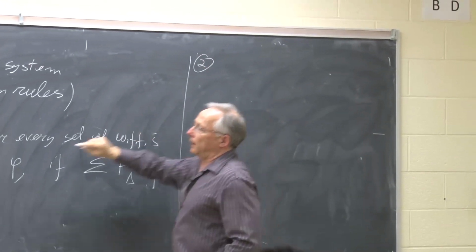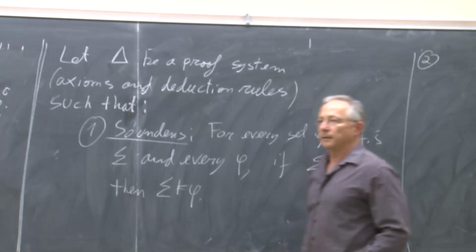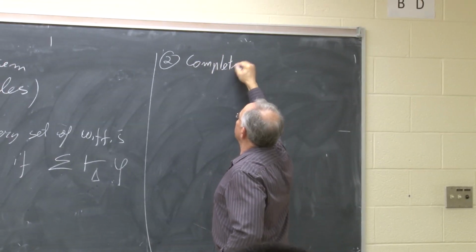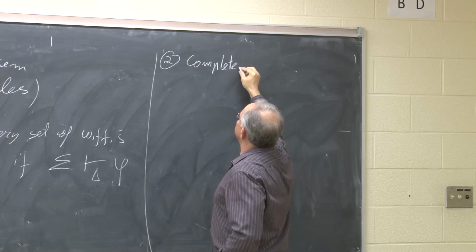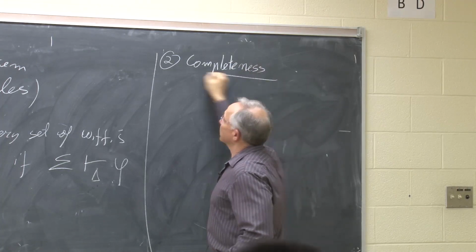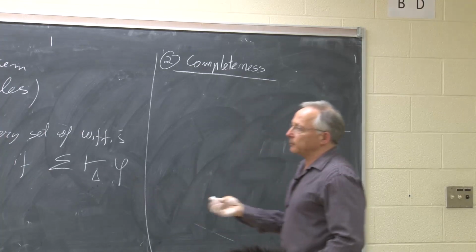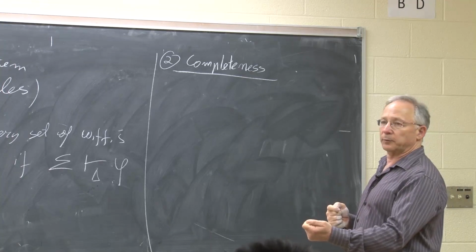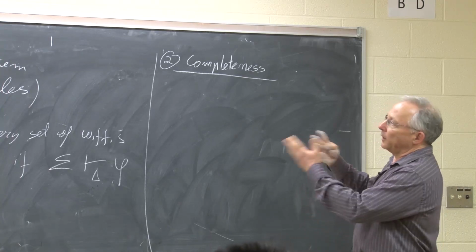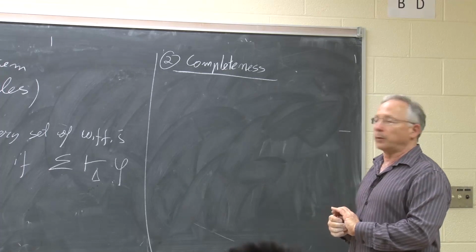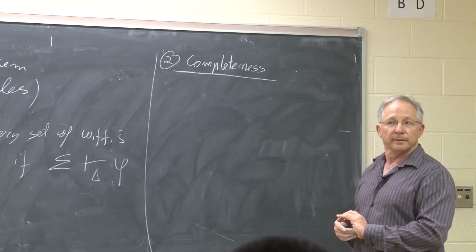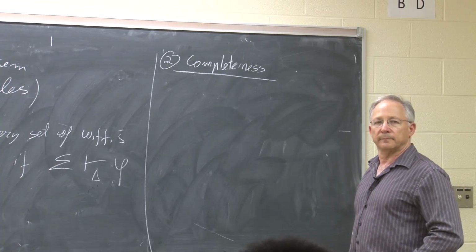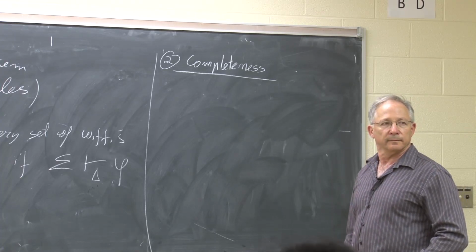Requirement 2, I want to have completeness. So anybody can tell me, try to phrase completeness? So remember, the soundness and completeness connect the syntactic proof system to the semantics that we have. Right? So we say, assume you have a proof system that has these nice properties. So what is completeness? Yes?